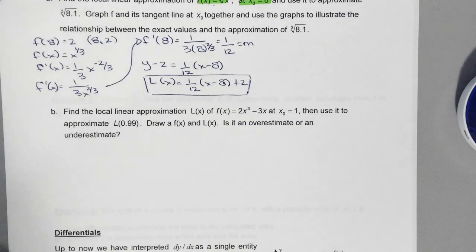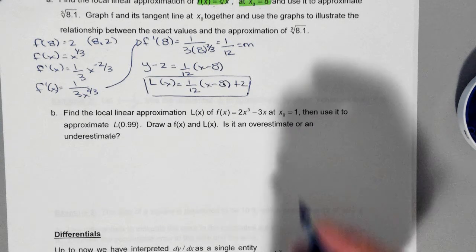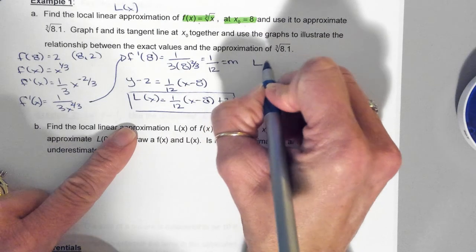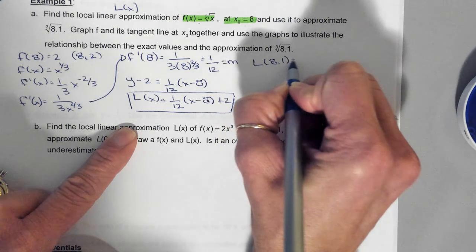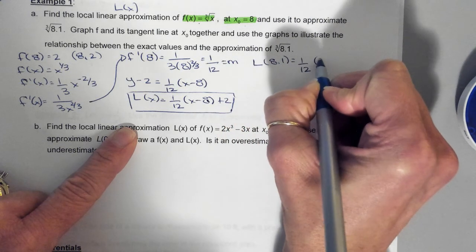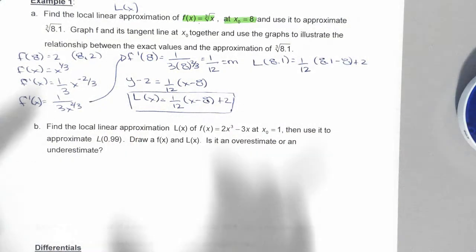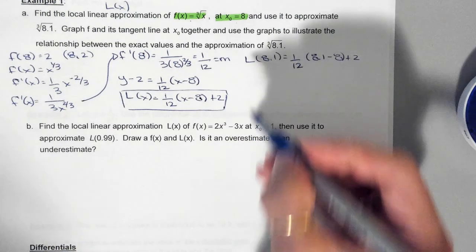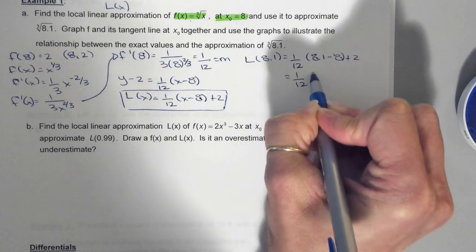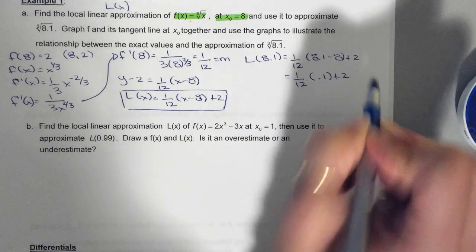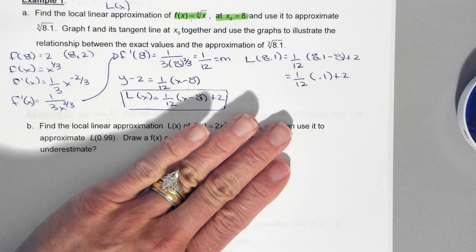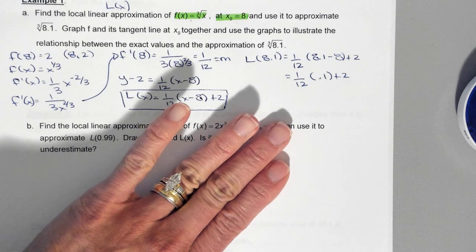And what we're going to do with this is use this linear equation to approximate the cube root of 8.1. So we're going to evaluate L of 8.1. So we have 1/12 times 8.1 minus 8 plus 2. So this is 1/12 times 0.1 plus 2. Okay, in this case, it would be challenging to do without a calculator, right?